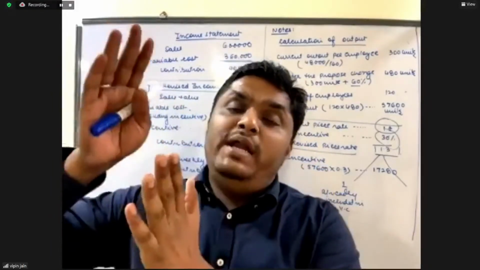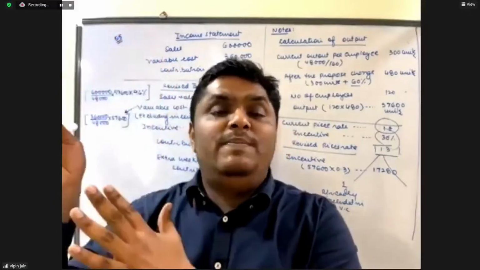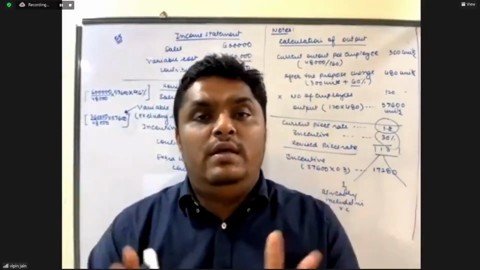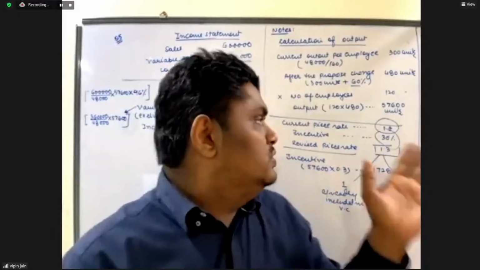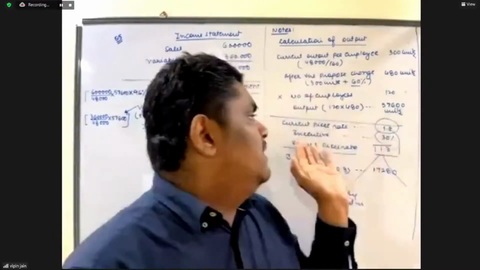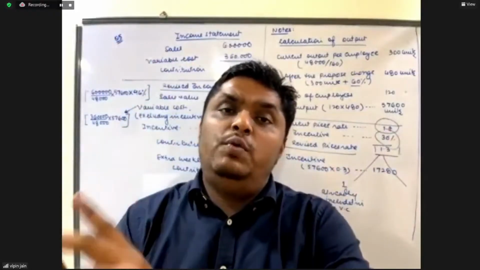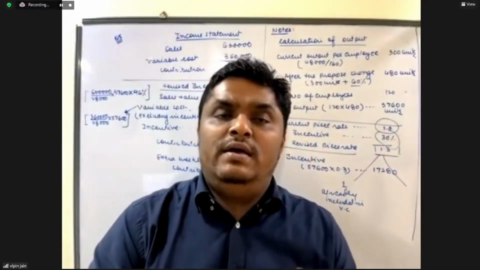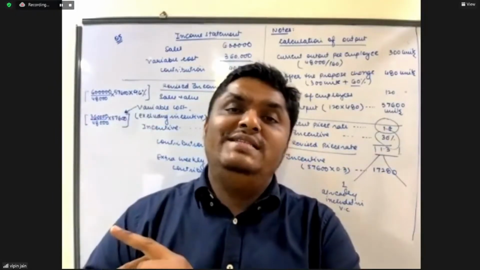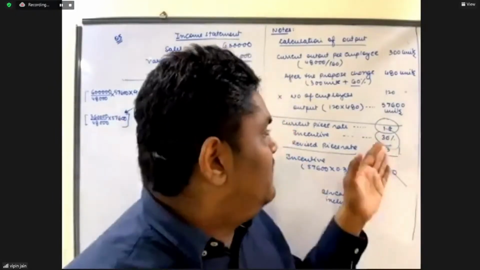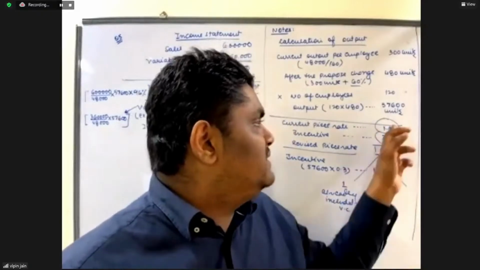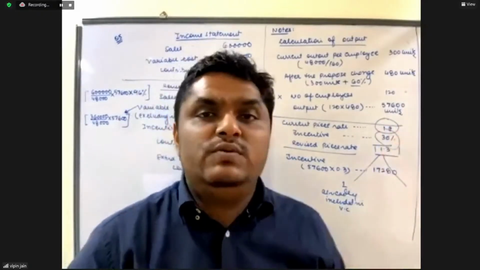So the incentive will be how much? 30%. Why 30%? For every 2% increase in output, 1% is the incentive. So for a 60% increase in output, 30% is the incentive. So 1 plus 30%, this will be 1.3.